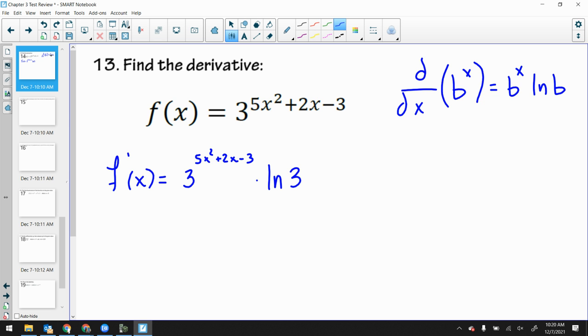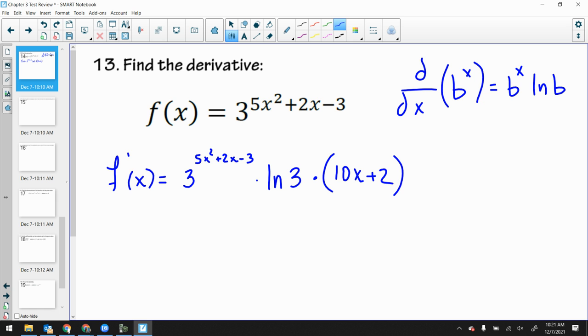That's just the derivative with the base of 3. Now what we have to do is take the derivative of the exponent, because again, this is a chain rule. So this becomes times 10x plus 2.